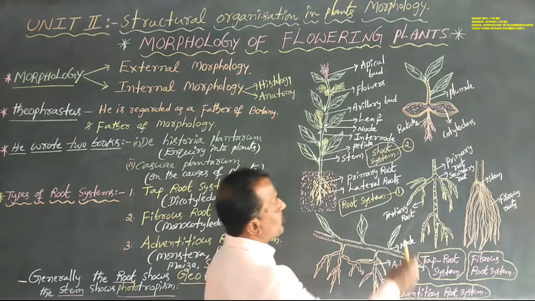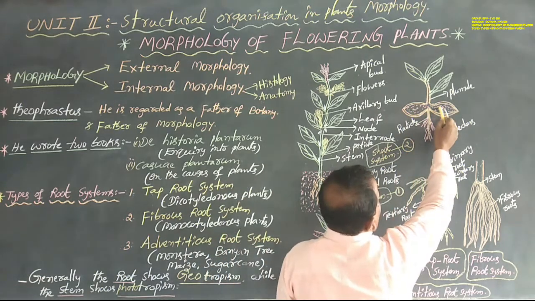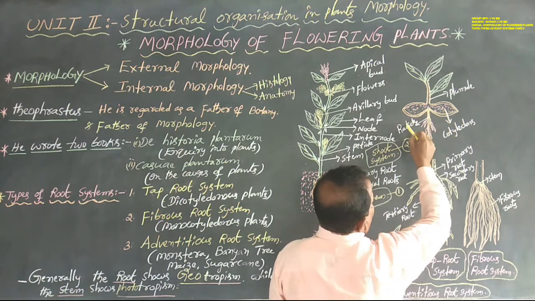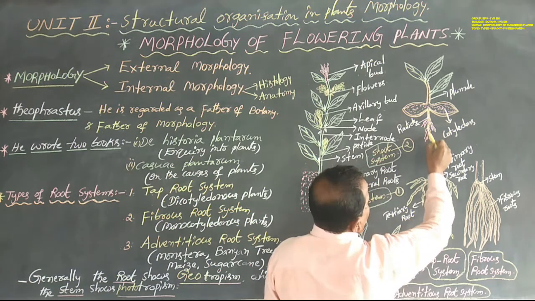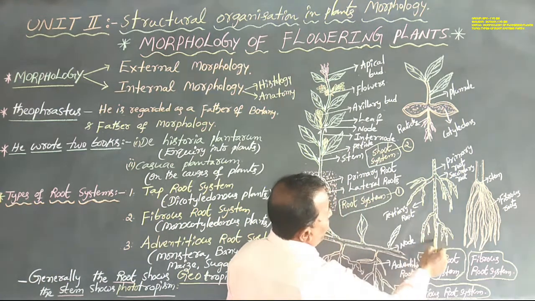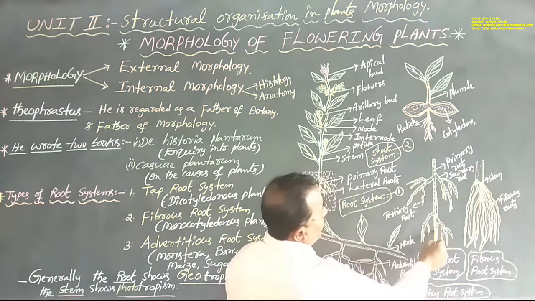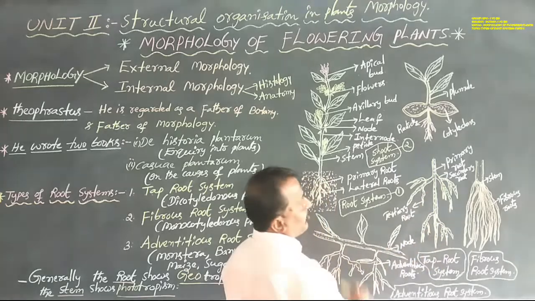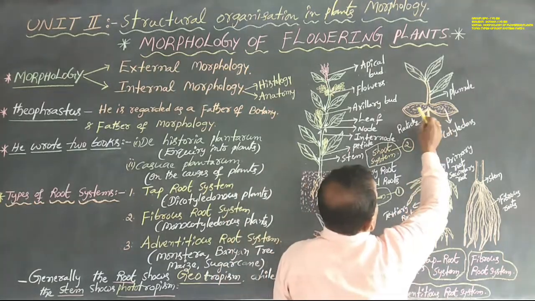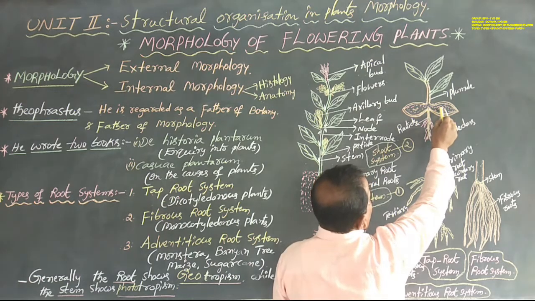Okay, now, in the majority of dicotyledons, the direct elongation of the radicle leads to the formation of primary root. This is a primary root, which grows into the soil. In general, the embryo of the seed contains two cotyledons.